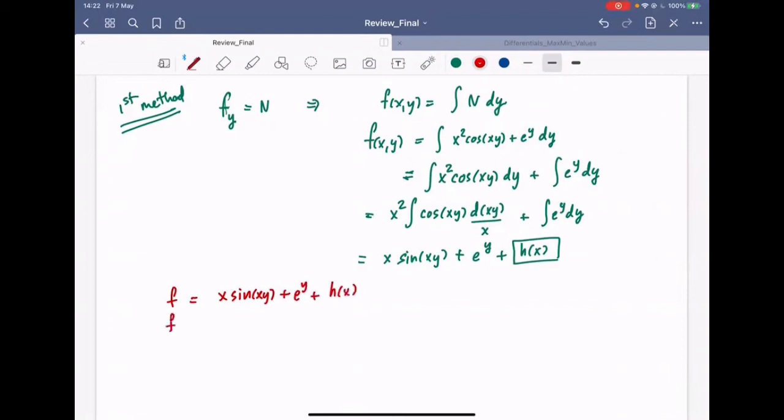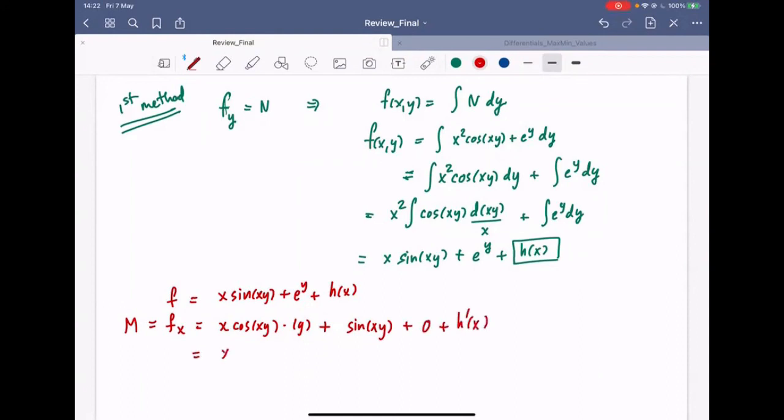Okay, I'm going to differentiate that with respect to x, and hopefully it's going to be M. Okay, I differentiate with respect to x. Well, x sine xy, so I get x cosine xy, and then by the chain rule I have one more y, and then plus sine xy. Differentiate with respect to x, so I get 1, and then 0, and then plus h prime x.